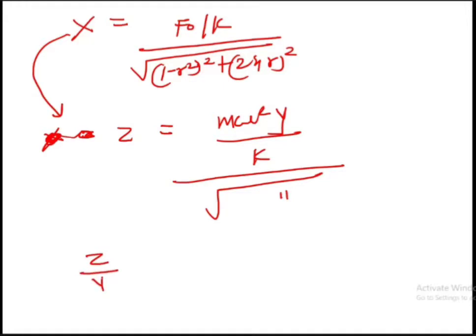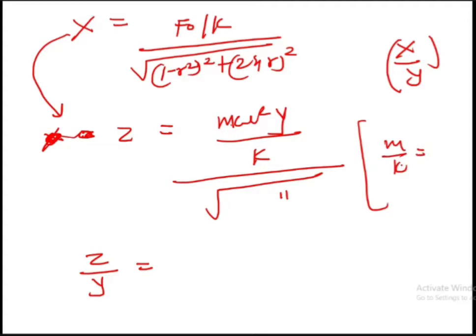Now let me take a ratio. In absolute amplitude you got a ratio of x upon y, but here I am getting a ratio of z upon y. So what is this z upon y? Now what is omega square upon m upon k? M upon k, you know that k upon m is omega n square. So m upon k is nothing but 1 upon omega n square.